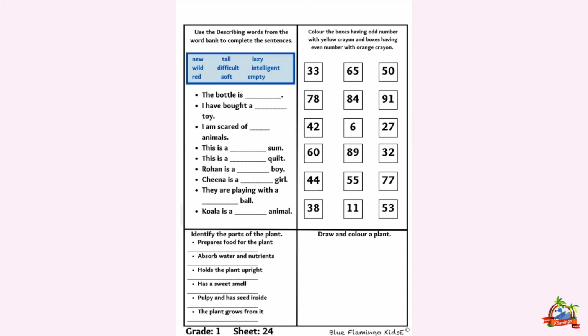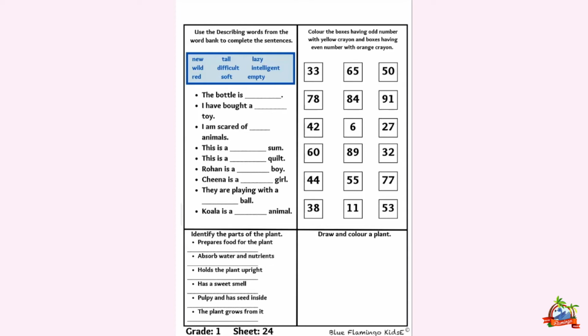Like 2, 4, 6, 8, and so on. All these numbers, every second number, like 0, 2, 4, 6, 8, 10, 12, 14, 16, 18, 20, 22, 24, 26, 28, 30, these are all even numbers.